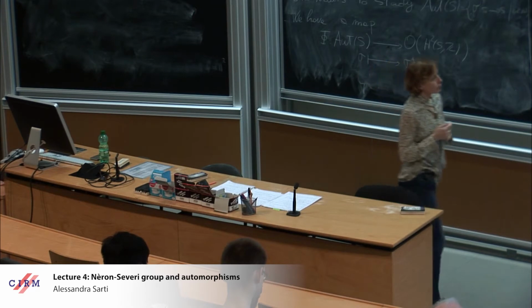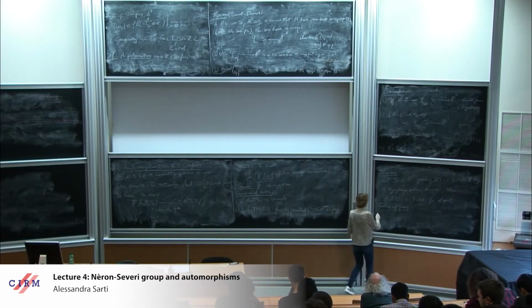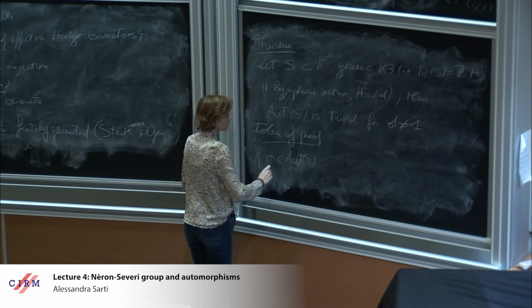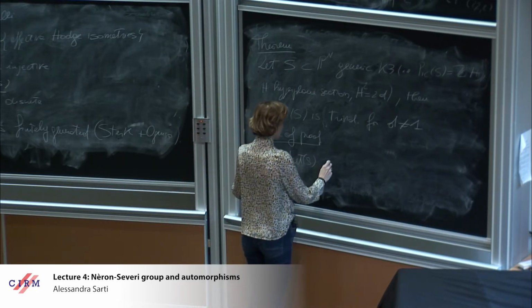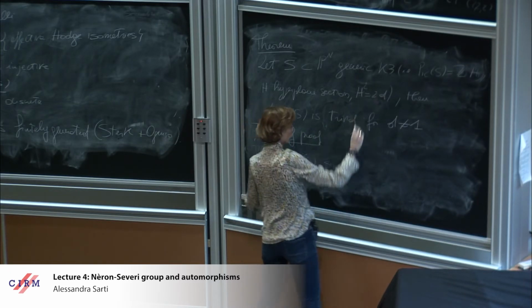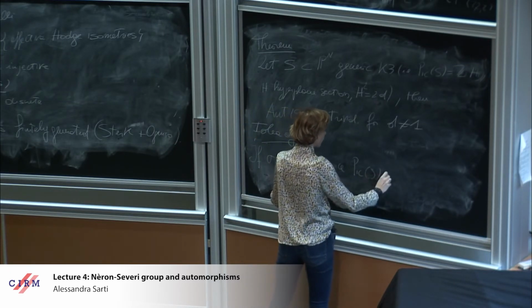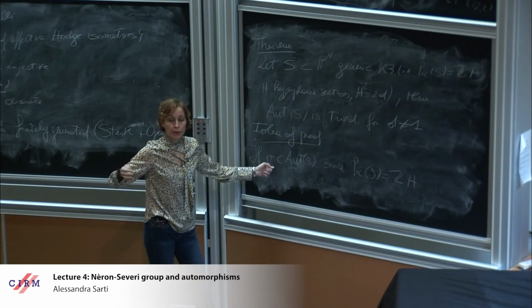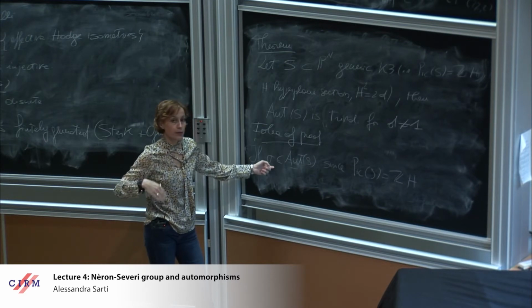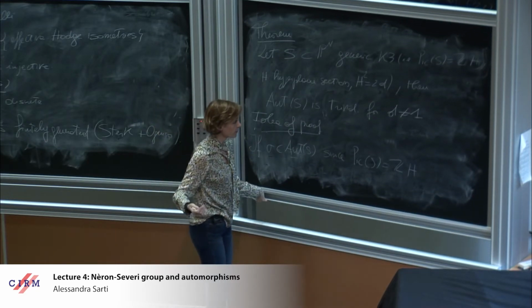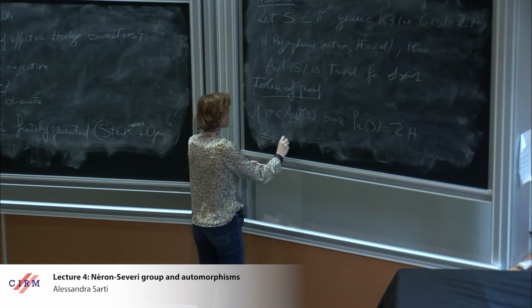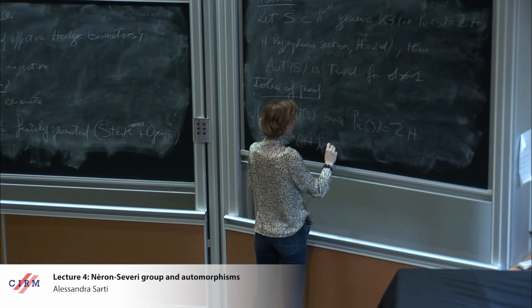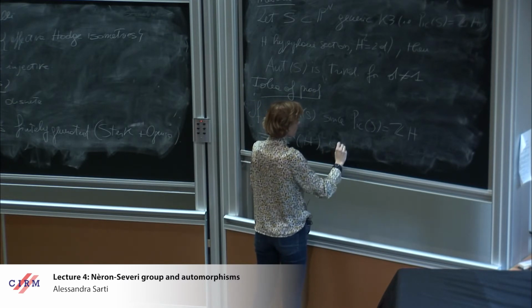So first of all, observe that if sigma is in Aut S, since you have this condition, and sigma preserves the decomposition, in particular sends the Picard group to the Picard group and the transcendental lattice to the transcendental lattice, we have that sigma star of H is again preserved somehow.